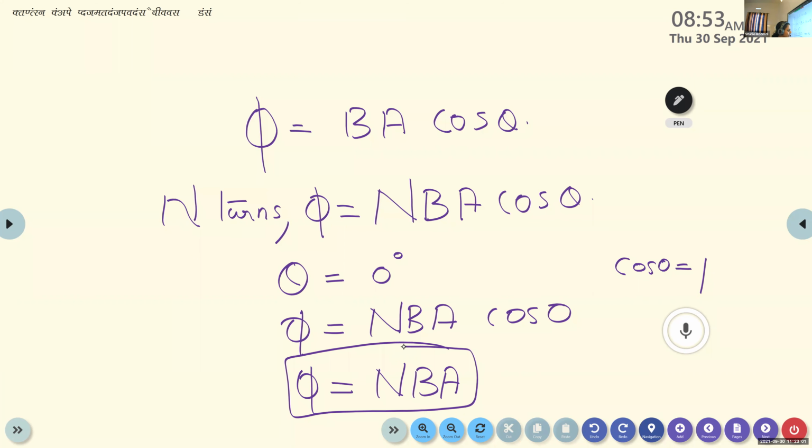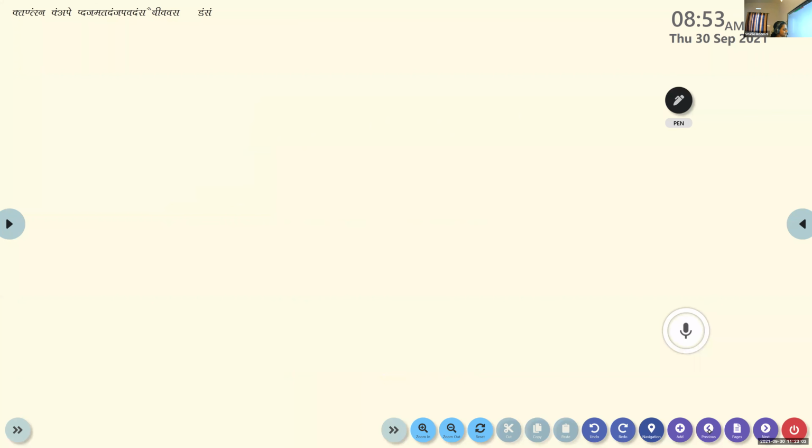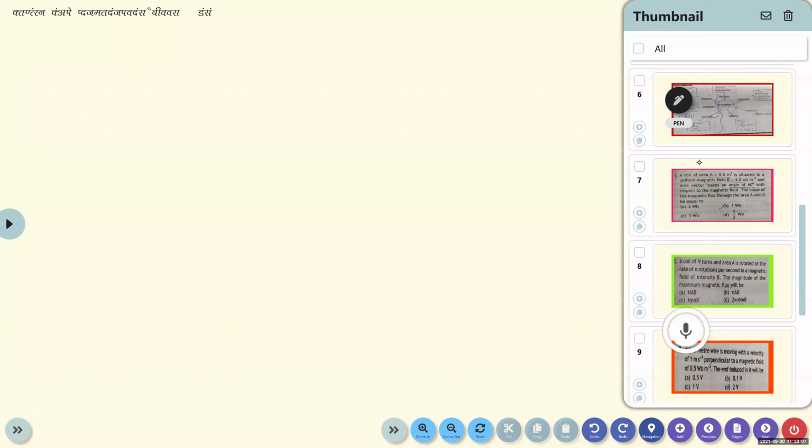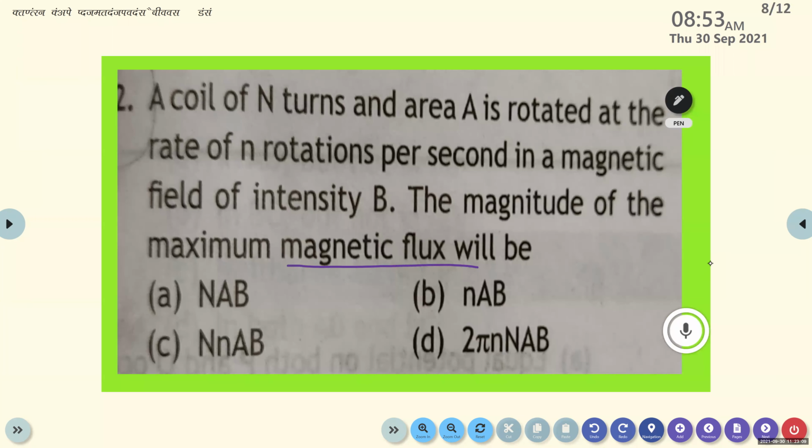Is it B or A? Option A, NAB. A coil of n turns and area A is rotated at the rate of n rotations per second. You don't need to mind how many rotations per second.